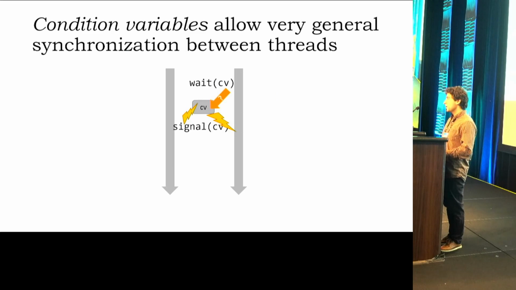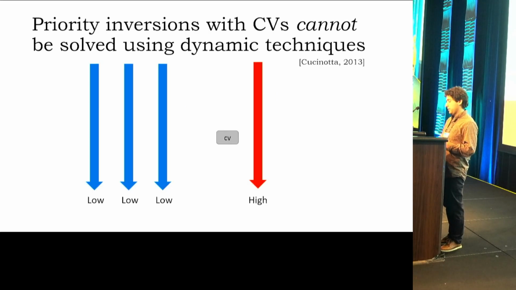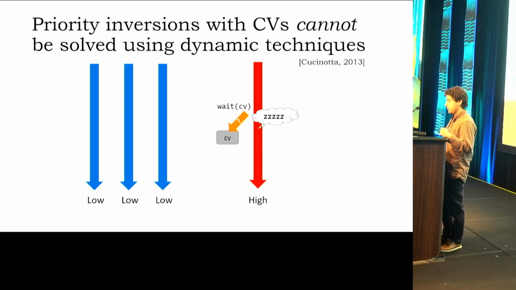In the presence of threads having priorities, blocking on condition variables can also cause a priority inversion. Let's say that the high priority thread waits on a condition variable, and so it now goes to sleep.